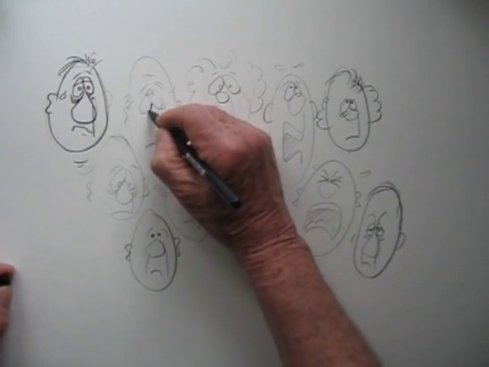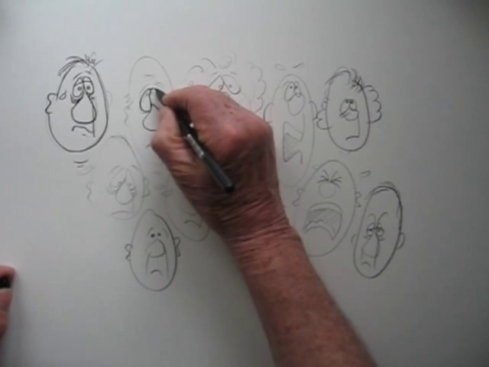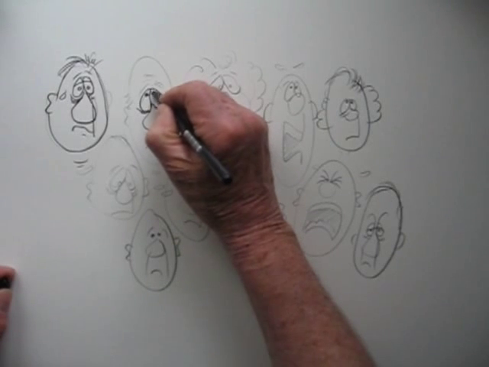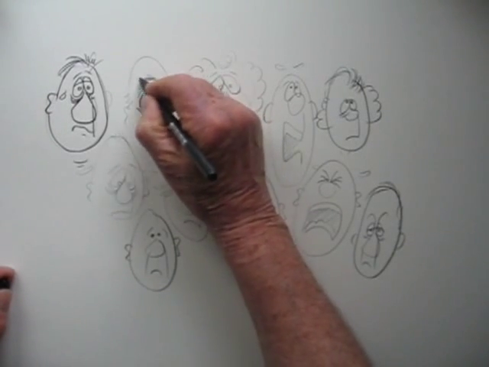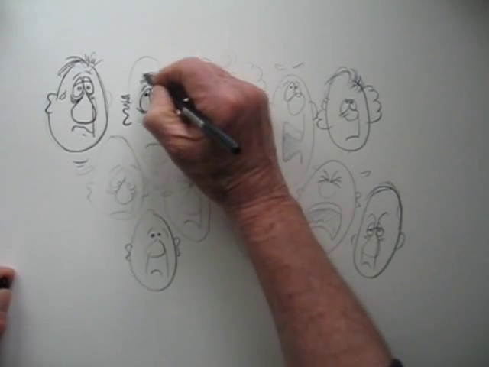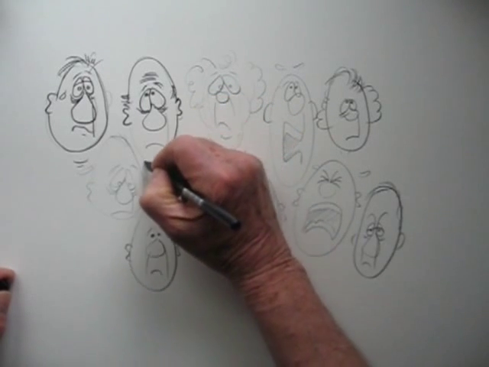So he hasn't started crying yet, but he's just about to. And this is another little fella, and I've put the pupils quite high up, furrowed brow, and there again, he looks sad.